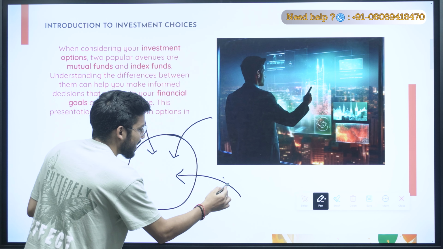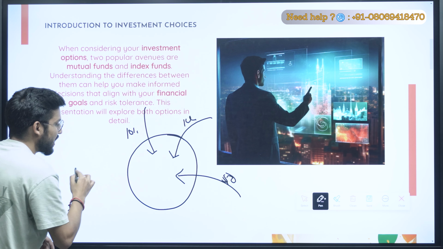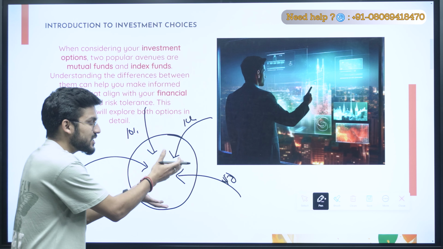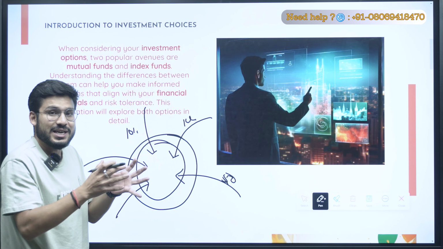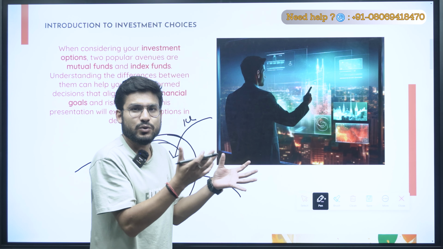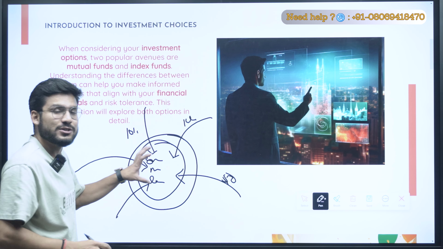For example, someone gave 50,000, someone gave 1 lakh, someone gave 10,000. So it takes all the investment from various investors, and then this pool of money will be invested in diversified sectors or portfolio, right? Some of them will be given in the small caps, some in the mid caps, some of the investment will be given in the large caps, and so on.